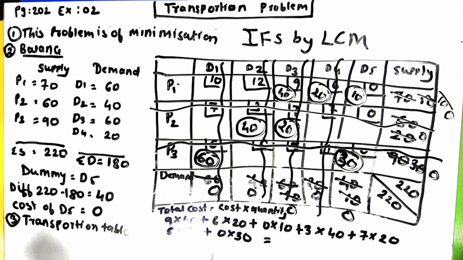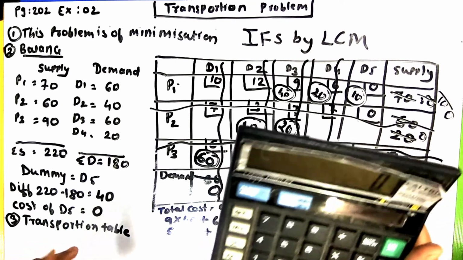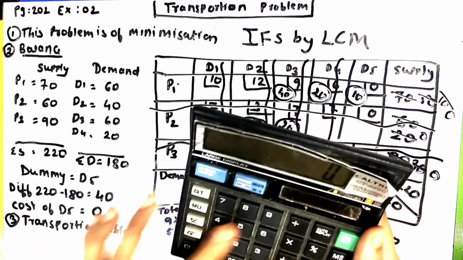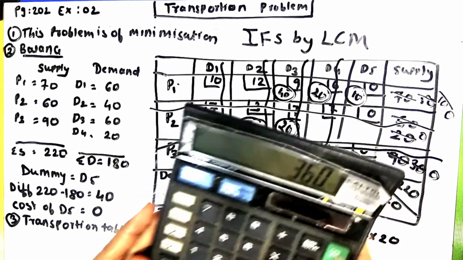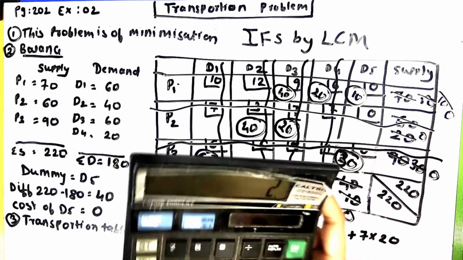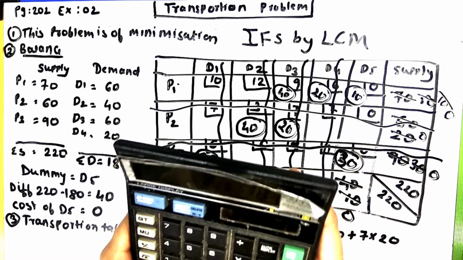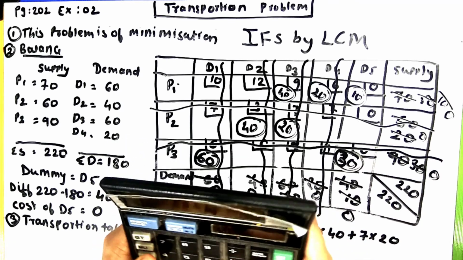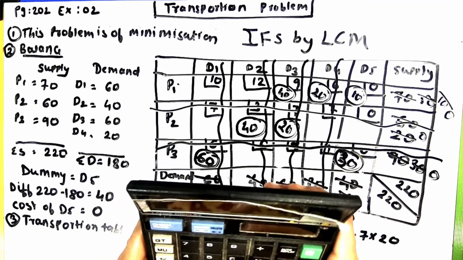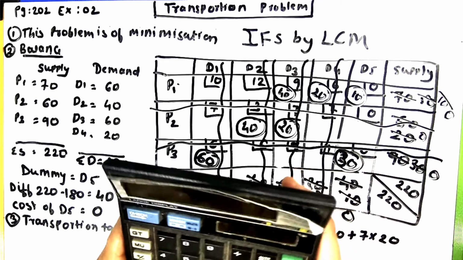So let me take the total of it. Here, this is my calculator. Everybody take the calculator, let's see how we can calculate. That is 9 into 40, now we have to press M plus. 6 into 20, M plus. 0 into 10, M plus. 3 into 40, M plus. 7 into 20, M plus. 6 into 60, M plus. 0 into 30, M plus.